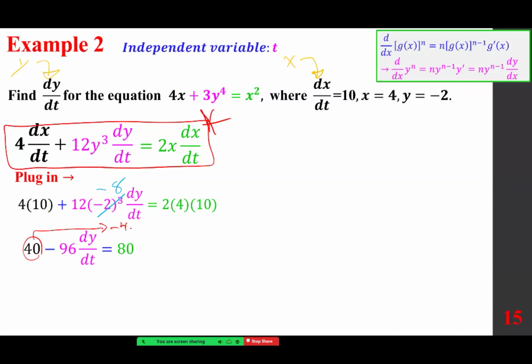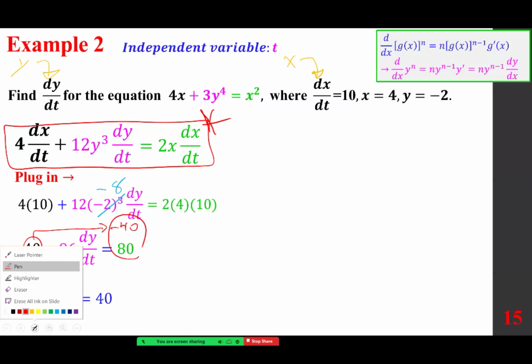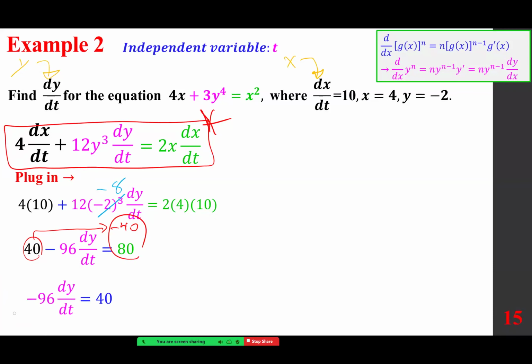Move the 40. The right side is 40. Divide by negative 96. Simplify the fraction into minus 5 over 12 because they are both divisible by 8. And you're done, and that's fine.